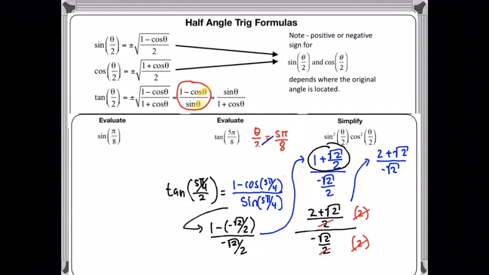root of 2 all over negative square root of 2. And then I think I'm just going to multiply the top and the bottom by a negative square root of 2, and that should multiply that out, and that should go ahead and get rid of the square root on the bottom and give us what we need here.